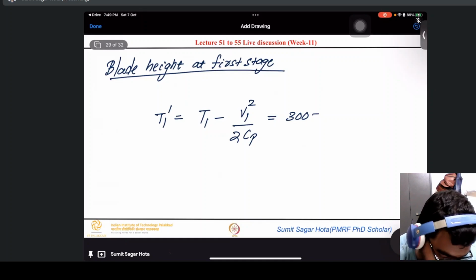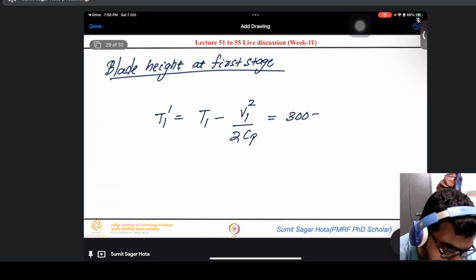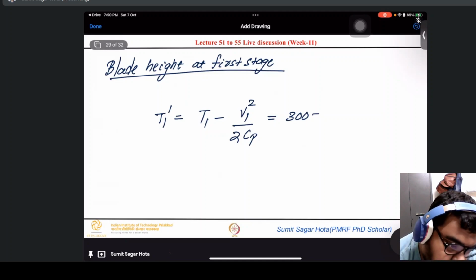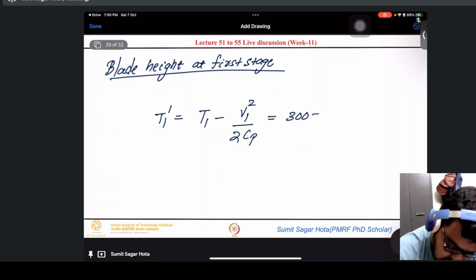B1 square, what is B1, you should know first. Okay, B1 is not given. So B1 we need to find out. Okay, how do we find out B1?